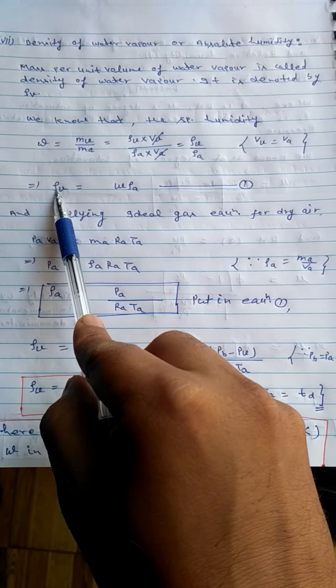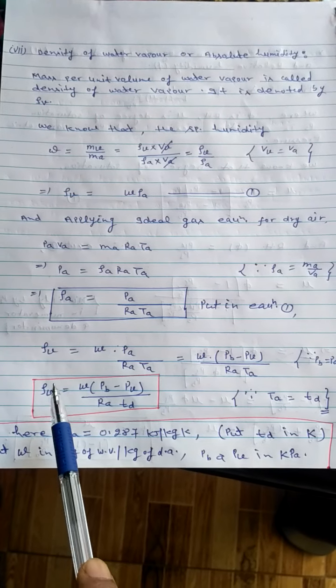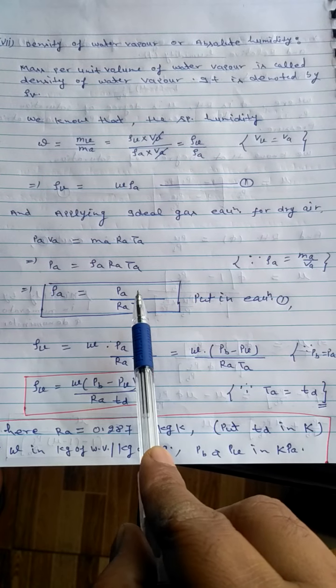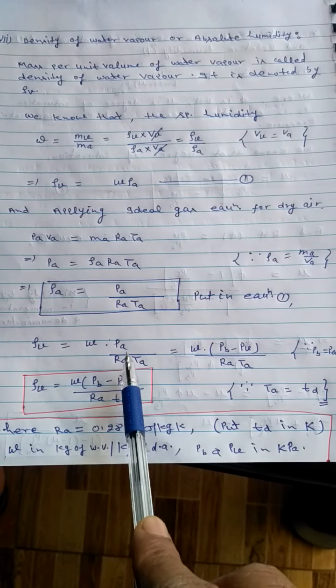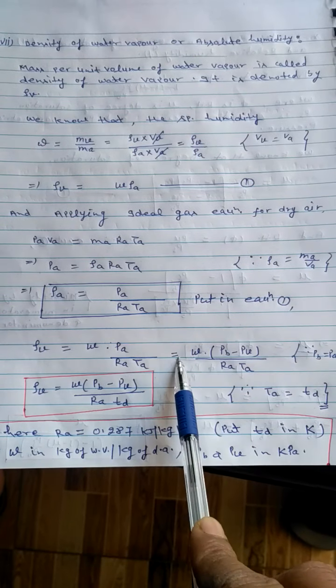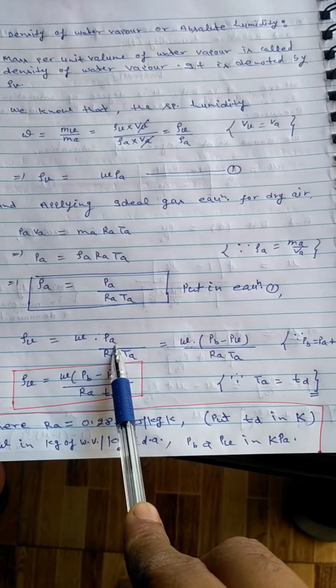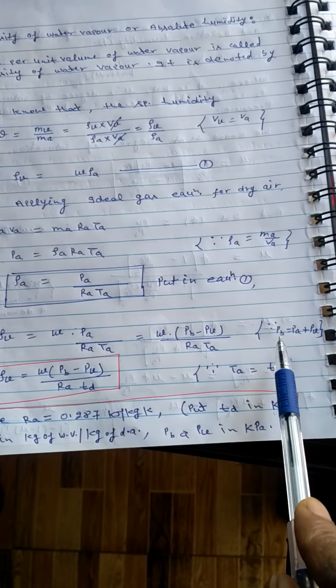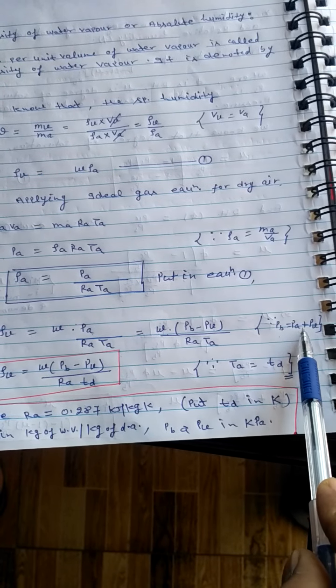We have the water vapor density rho v equals omega into rho a, and the value of rho a is Pa upon Ra Ta, so this equals omega into Pa upon Ra Ta. Pa is Pb minus Pv, because according to Dalton's law, Pb equals Pa plus Pv.